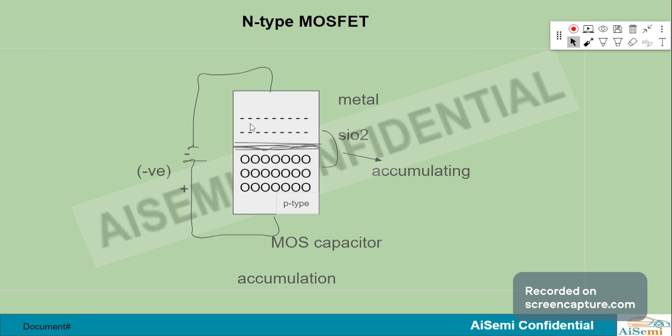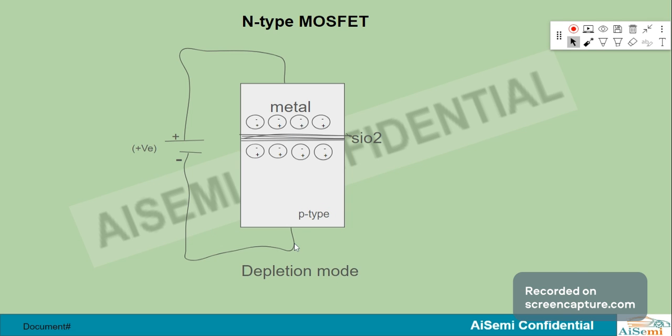So both the metal and p-type substrate repel each other, so electrons and holes are accumulating together. That means they are coming towards the SiO2 layer. So this process is called accumulation.